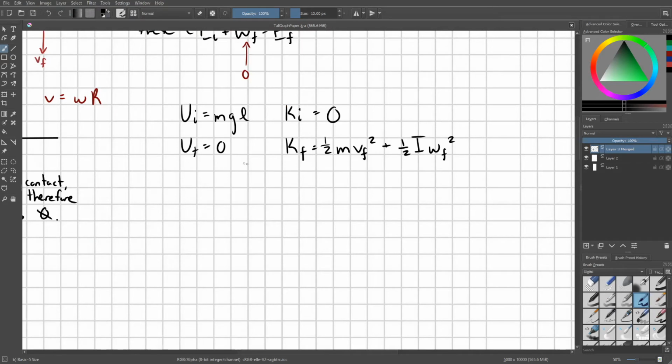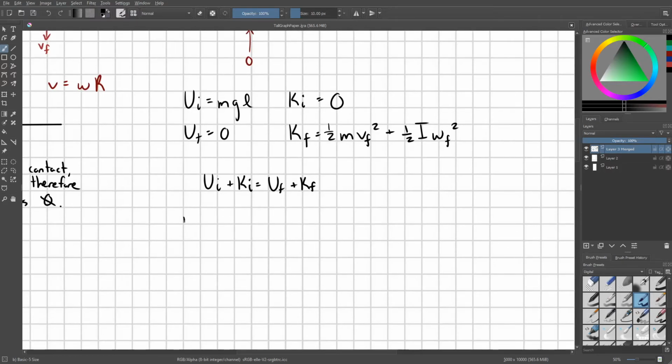The conservation of energy states that E_i equals E_f, so U_i plus K_i equals U final plus K final, right? And so we get the following: mgL equals 1/2 m v final squared plus 1/2 I omega final squared.